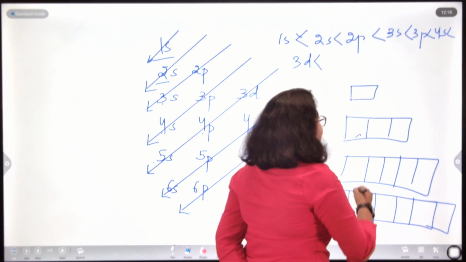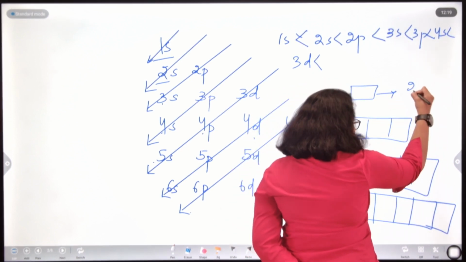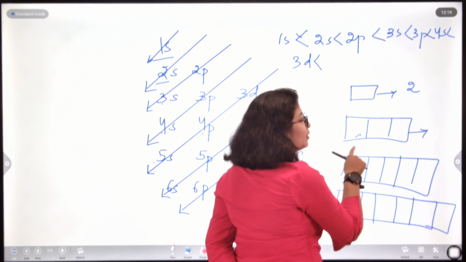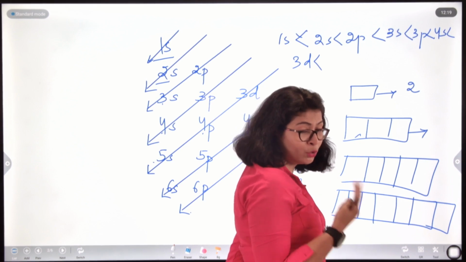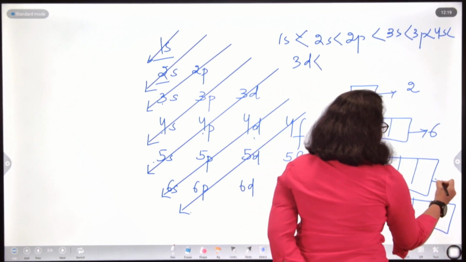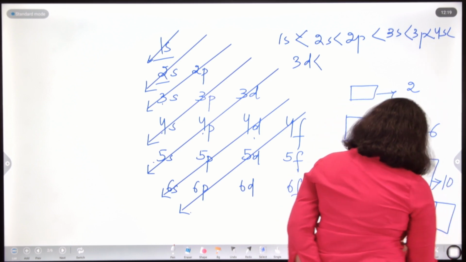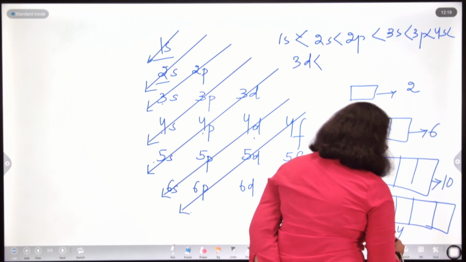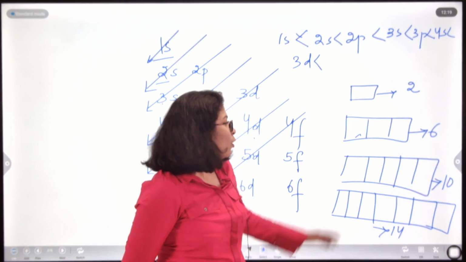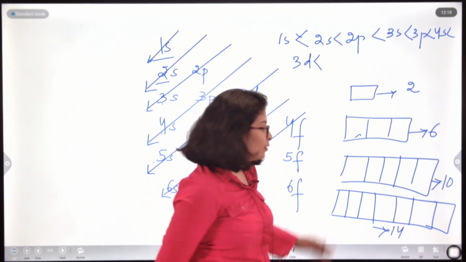So, s has a maximum capacity of 2. P has 3 orbitals and each orbital has a maximum capacity of 2, so the total number of electrons filled will be 6. In case of d, similarly it will be 10, and for f it is 14. These are the maximum capacities of the individual subshells, right.